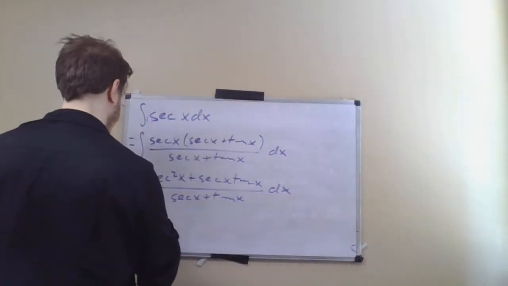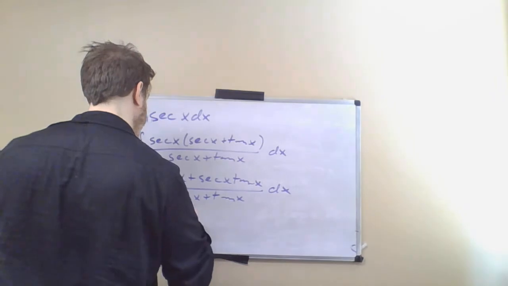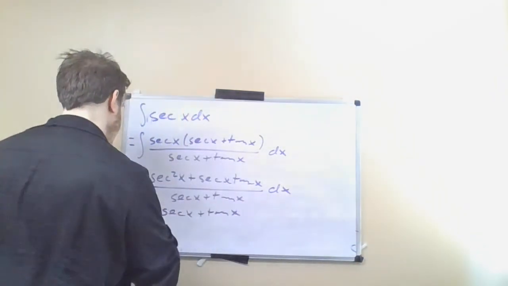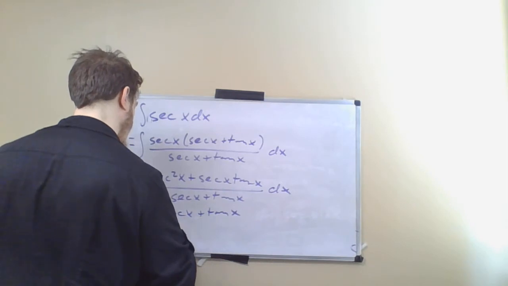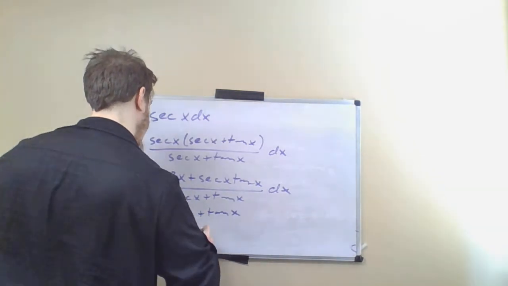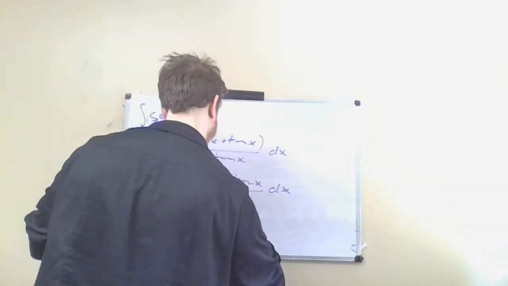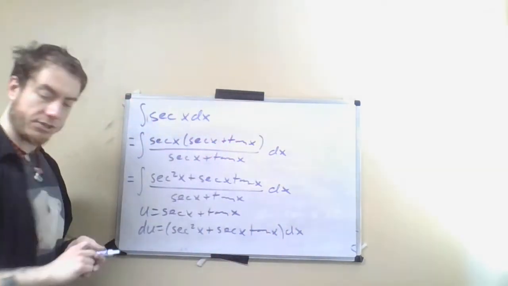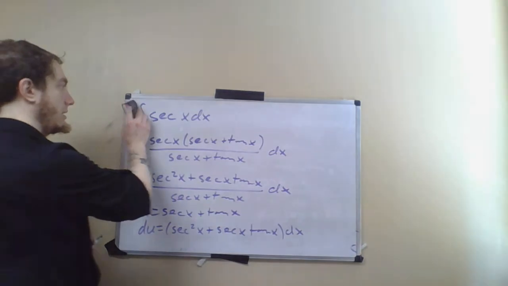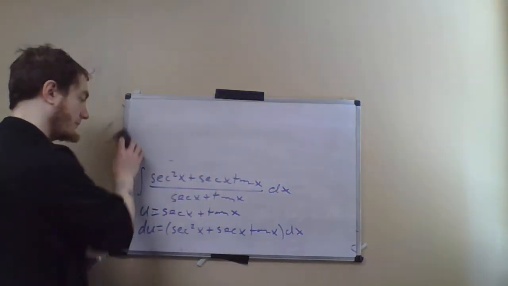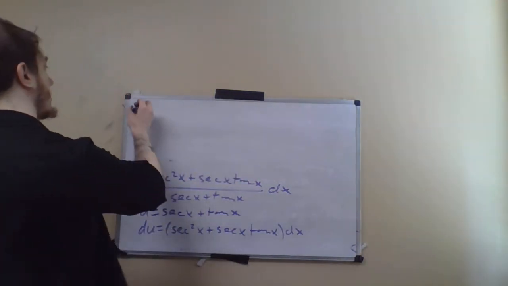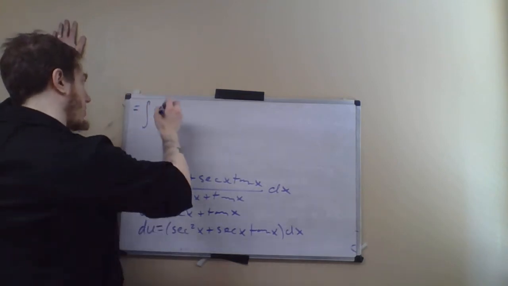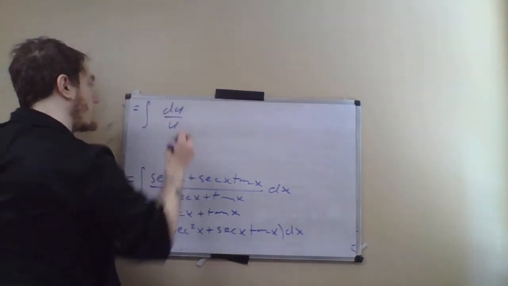We now say, let's let u be equal to secant x plus tangent x. Then du is going to be equal to secant squared x plus secant x tangent x dx. So, coming back up to the top here, we can say this integral is now the integral of du over u.